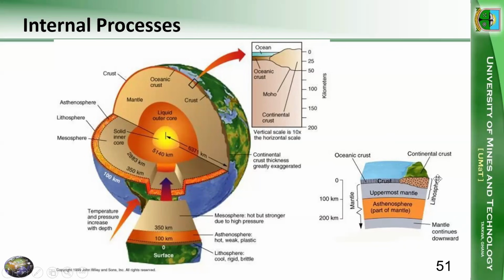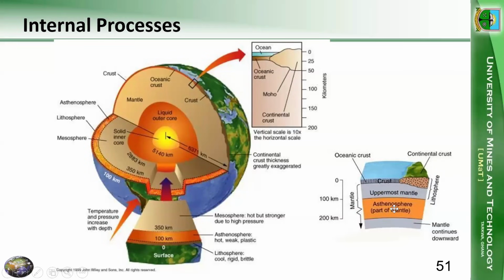All right, the lithosphere. So therefore, we can say confidently that the asthenosphere, which is a layer below the uppermost mantle, just below the lithosphere, is very hot. It is part of the mantle.